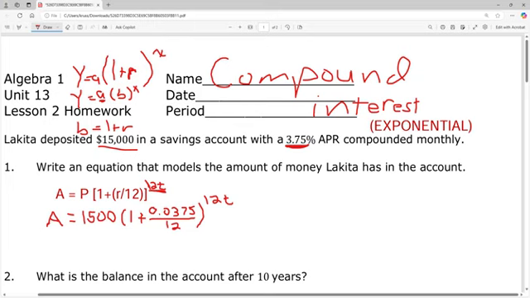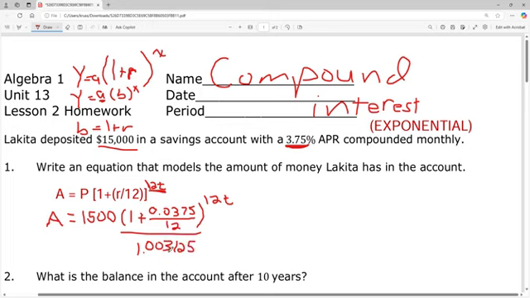So let's get that number, whatever that is. 0.0375 divided by 12 is 0.003125, right? So this term is 1.003125.